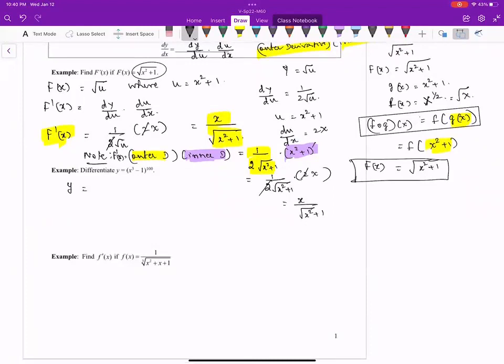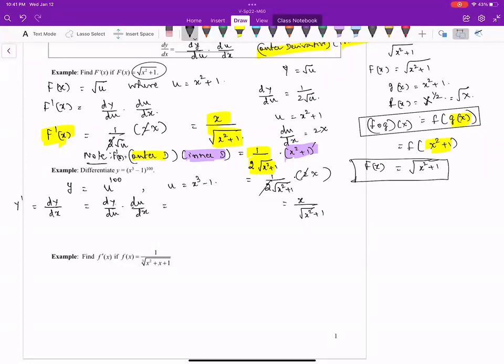So for the next one, it's asking to differentiate y equal to x cubed minus 1 to the power 100. I can write that as u to the 100, where u equals x cubed minus 1. So what is the derivative? Y prime, which is dy by dx, is dy by du times du by dx by chain rule.